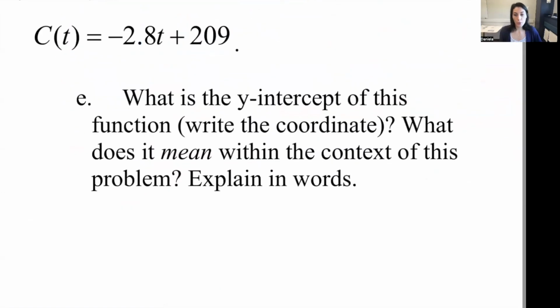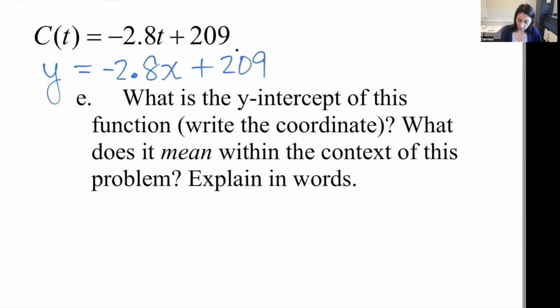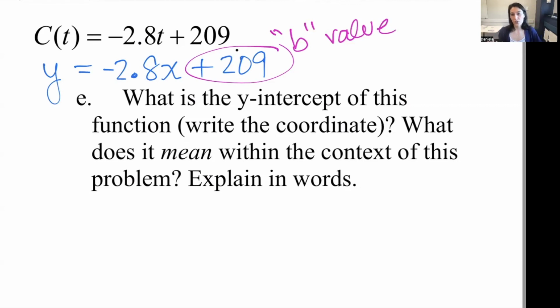So now when we're talking about the y-intercept, if we write it in y equals mx plus b form, it would look like this. And so the b value is going to be positive. So this is the b value. That's the y-intercept. So what is the y-intercept of the function? Remember, what is the definition of a y-intercept?